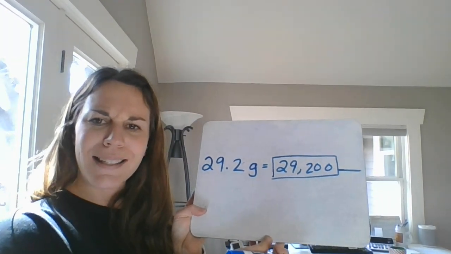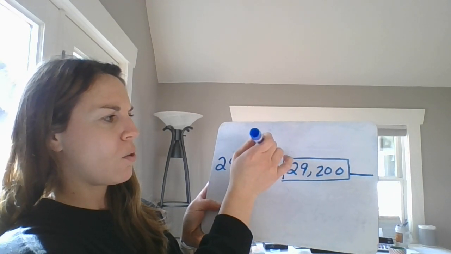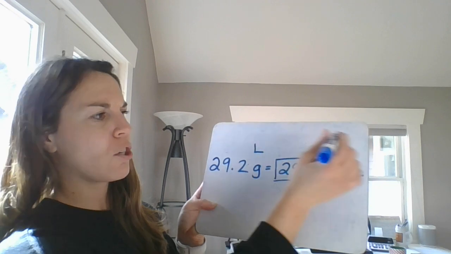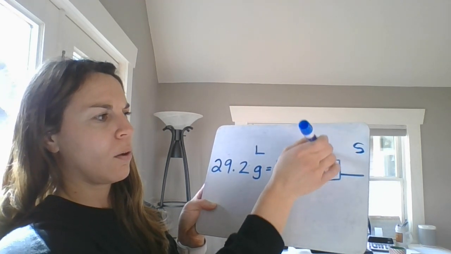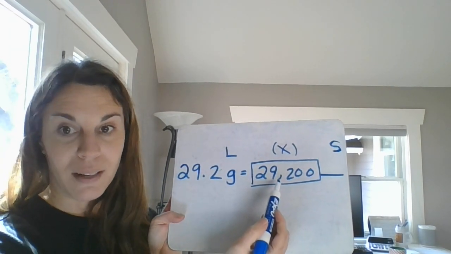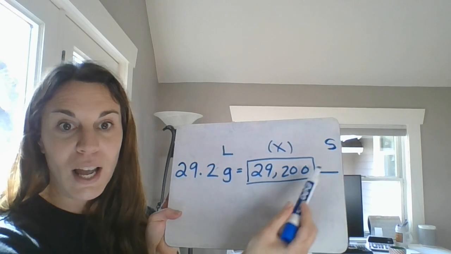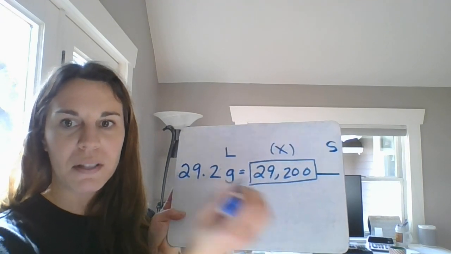So interesting, I can still do my coding here. Watch this. I know you guys just told me I'm going from a larger to a smaller unit, which means multiply, just from looking at what happened to that number. So now I know that I'm trying to find a smaller unit. I know I'm going down the staircase.